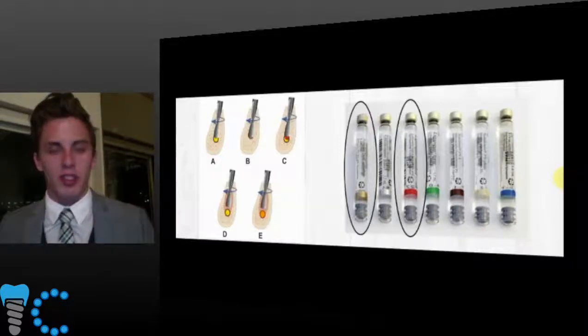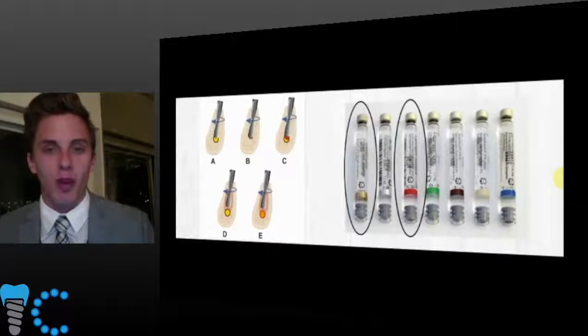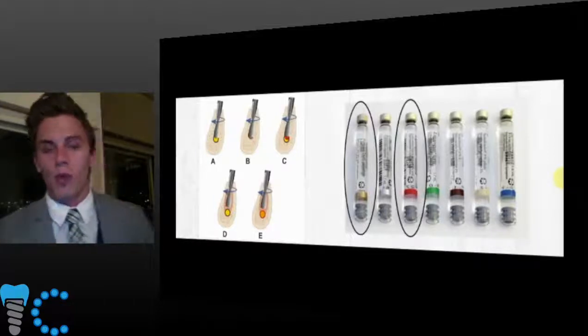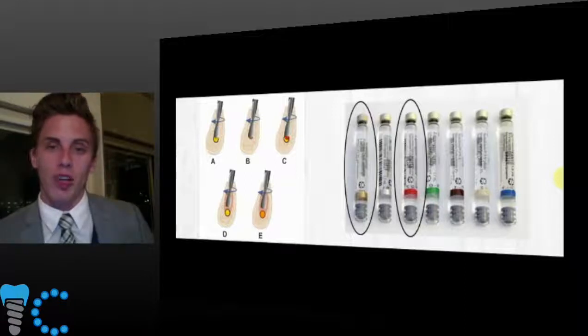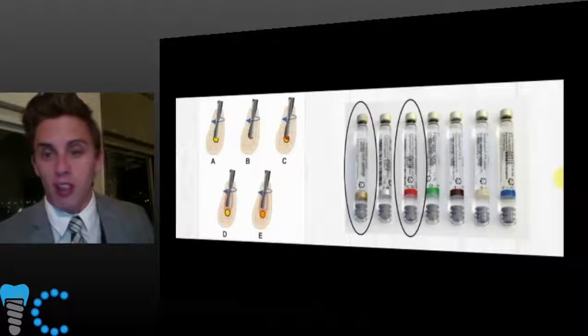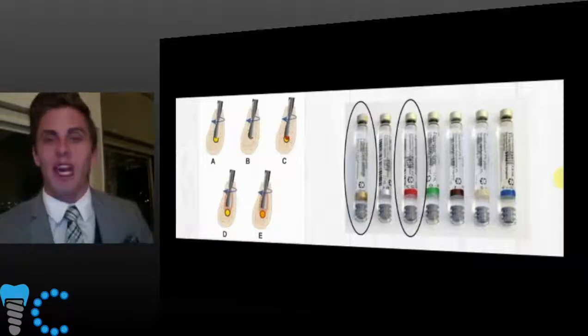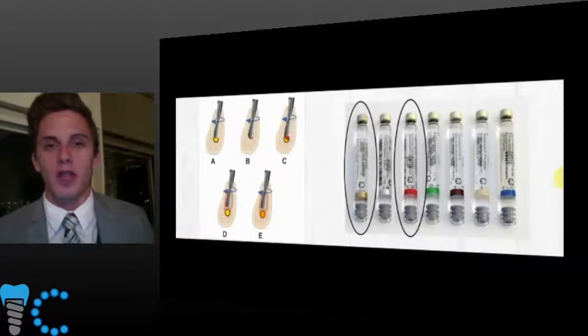Again, I showed some studies that are kind of back and forth. One of the rules that we were trained on is we avoid 4% articaine or 4% septicaine in terms of blocks. So you can use septicaine and articaine when it comes to infiltrations, but try to stay away from blocks with septicaine.